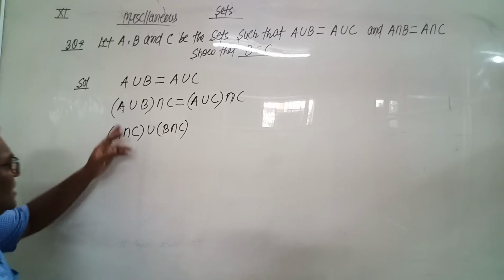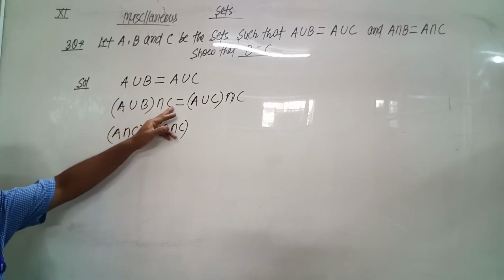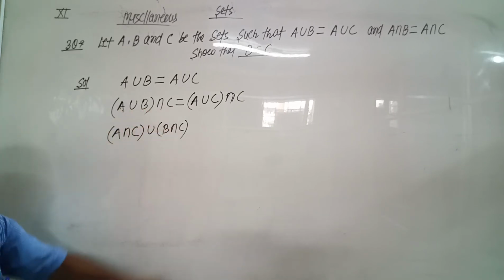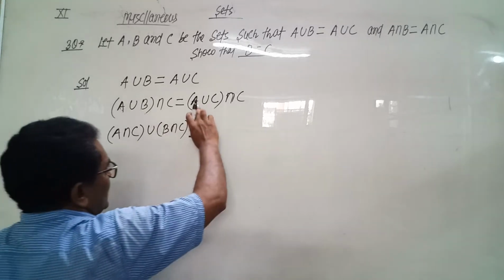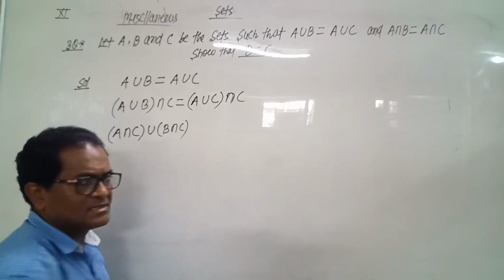So we write (A intersection C) union (B intersection C), and (A union C) intersection C.